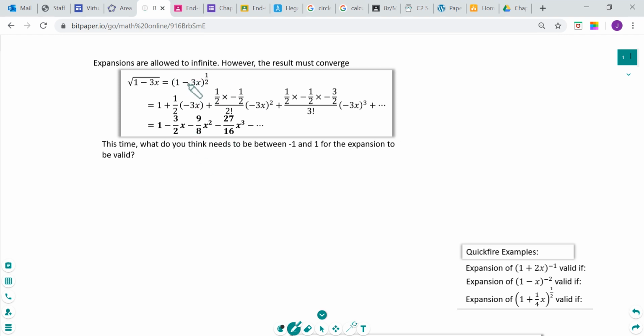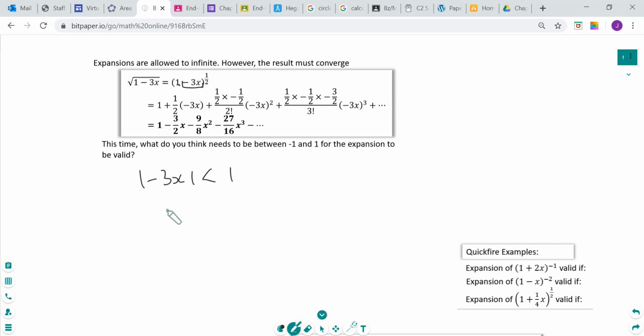Well, what we're going to say is that the term that fits the x position, this part here, the absolute value of this has to be less than 1. That was the restriction from before. Okay, so when is this going to be the case?